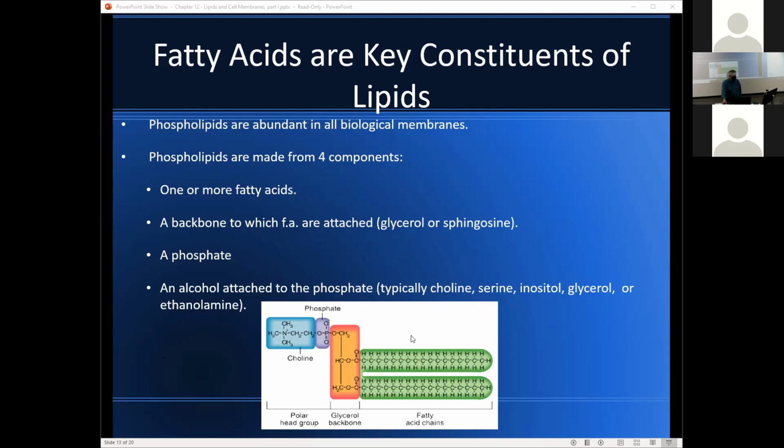Okay, so again, four components. Fatty acid. So we're going to have either one or two fatty acid tails. We're going to have a backbone made from either glycerol or sphingosine, a phosphate, and then we're going to have an alcohol group. In this case, the alcohol group is choline, making this a phosphatidylcholine, but this can also be serine, inositol, glycerol, or ethanolamine.